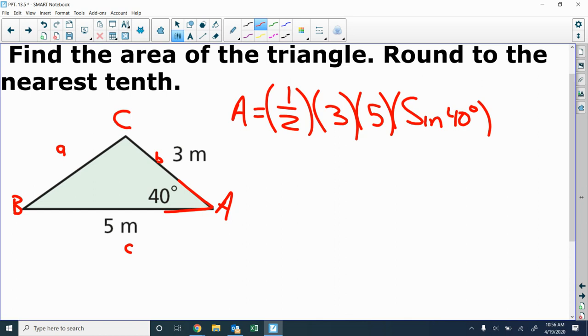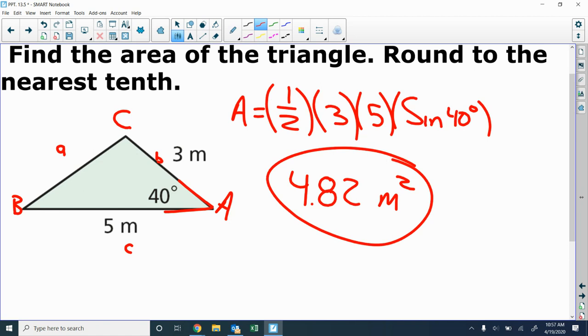That is right by your second, mode, down a couple, radians and degrees. You want to be in degree. So we are going to have 1/2, which would be 0.5, times 3, times 5, times the sine of 40. You hit enter there, and this would be approximately 4.82. And that would be meters squared, since we are in meters here.